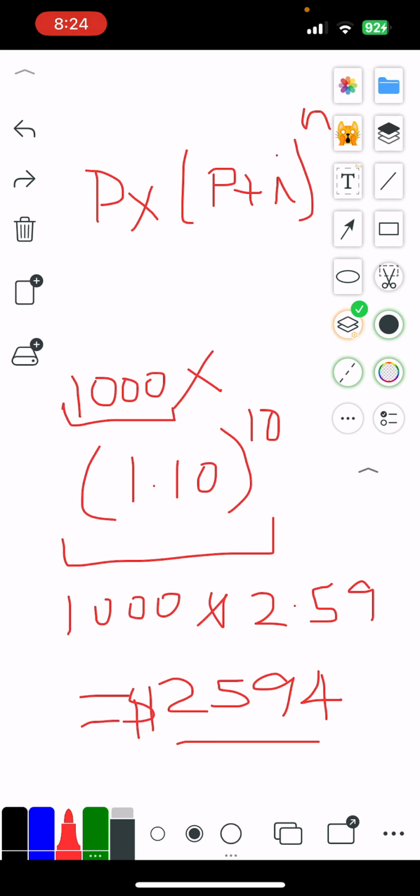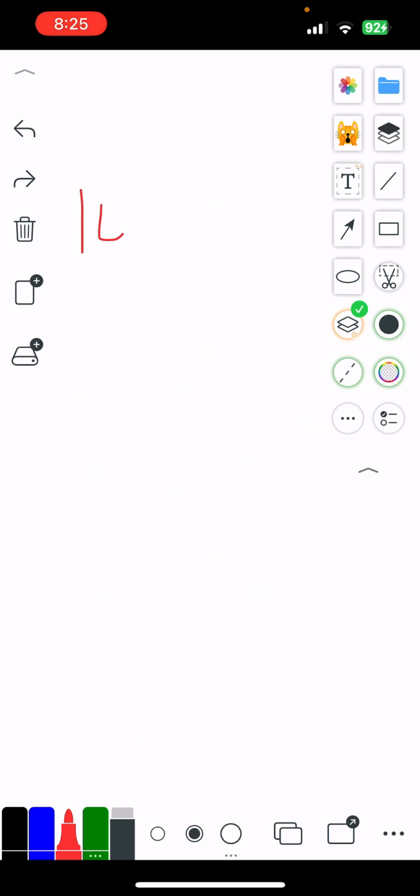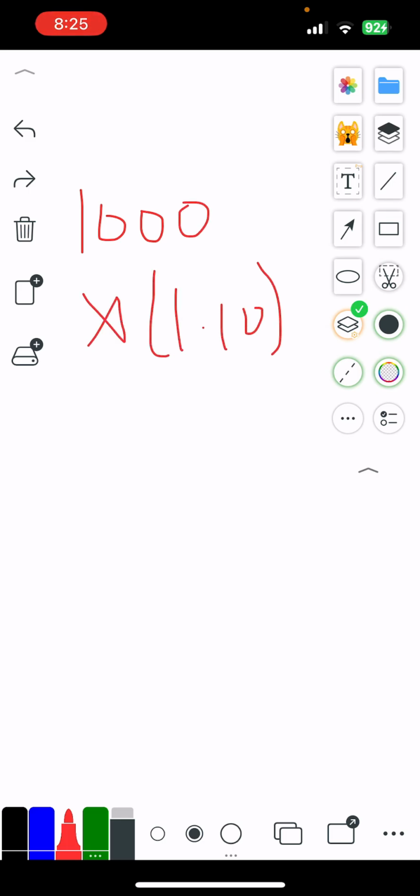If it does get compounded monthly, you simply multiply the exponent by 12. So this will be 1,000 times 1.10 raised to 10 years times 12. Each year has 12 months, so this will be 120.